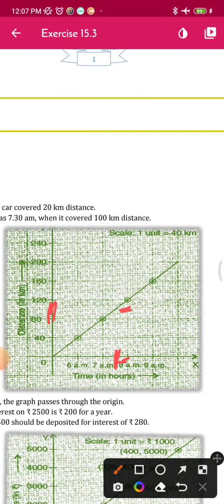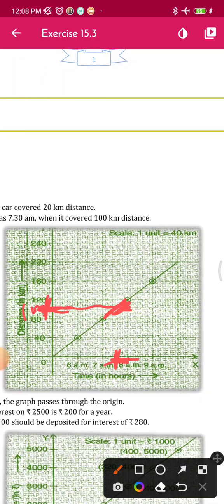Okay, and the second question is given here: what was the time when the car had covered the distance of 100 kilometers? So at 6 a.m. it is 40 kilometers, at 7 a.m. it has covered 80 kilometers, and at 7:30, because between 7 and 8, in that time it covers the distance from 80 to 120, that means between these two, the distance is equal to 100.